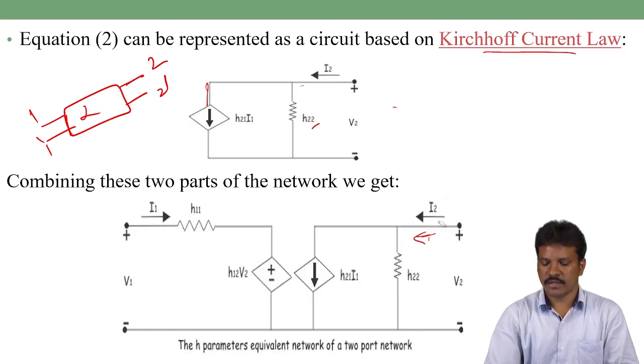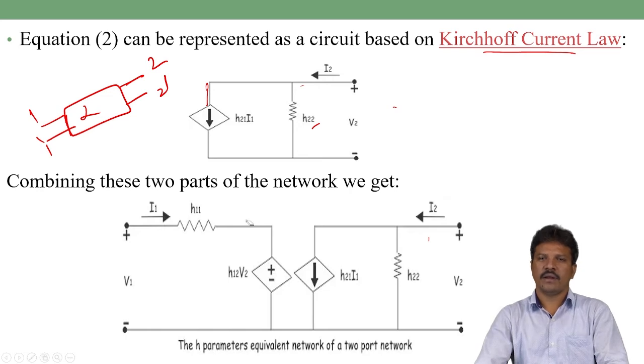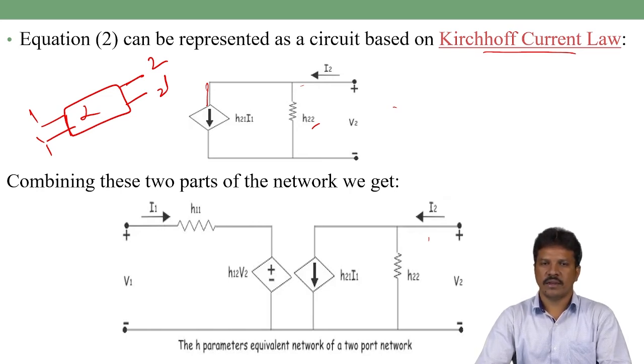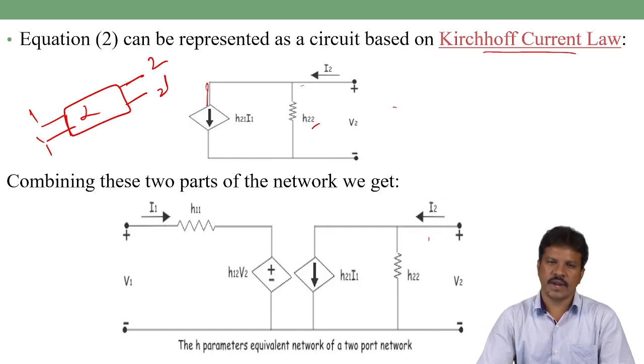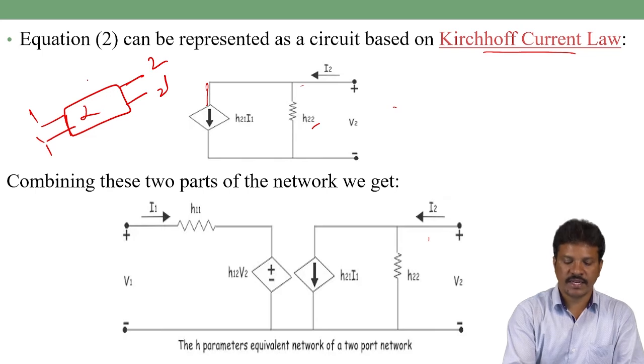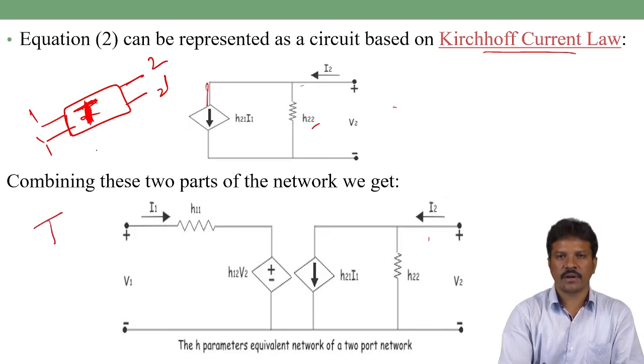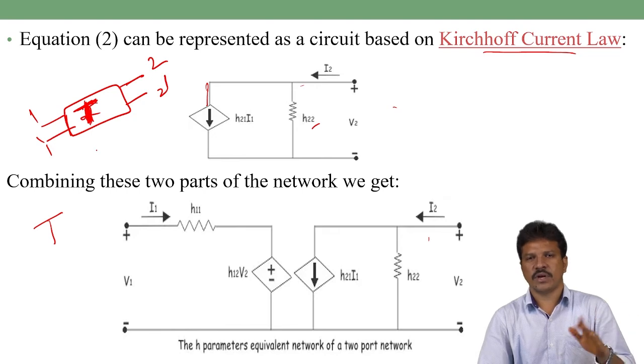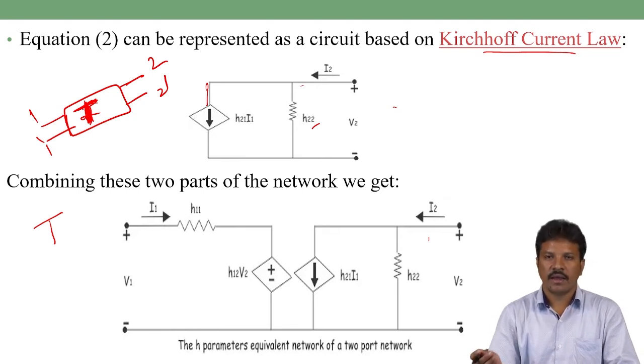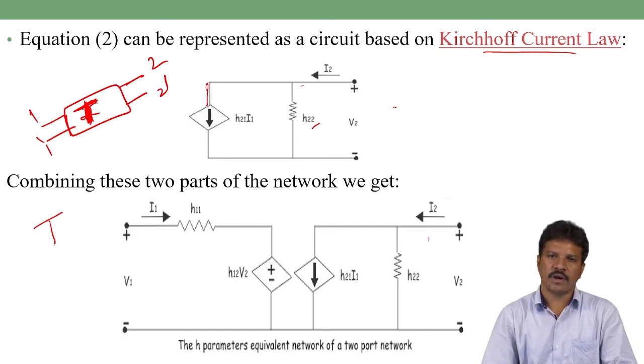This equivalent circuit diagram for the hybrid parameter model will help to make the transistor equivalent in networks. The hybrid parameters can be applied to a transistor also, because when we consider the transistor as a linear network, with one terminal common and the remaining two terminals as input and output, we can analyze it as a two-port network model.